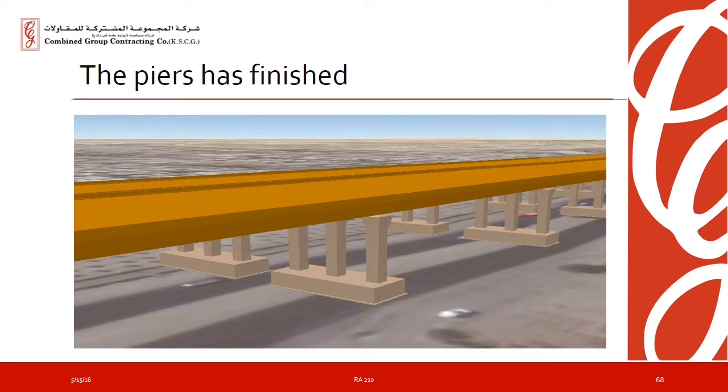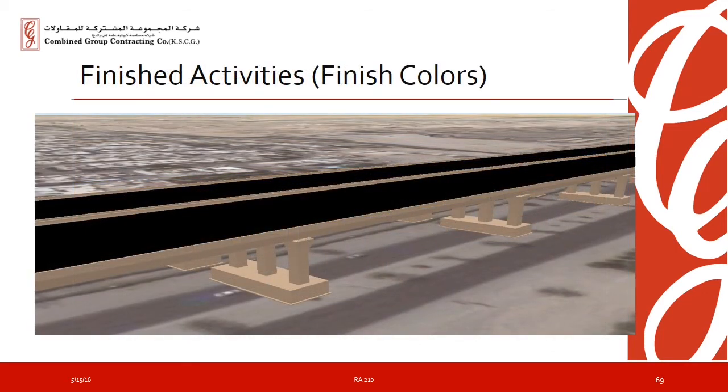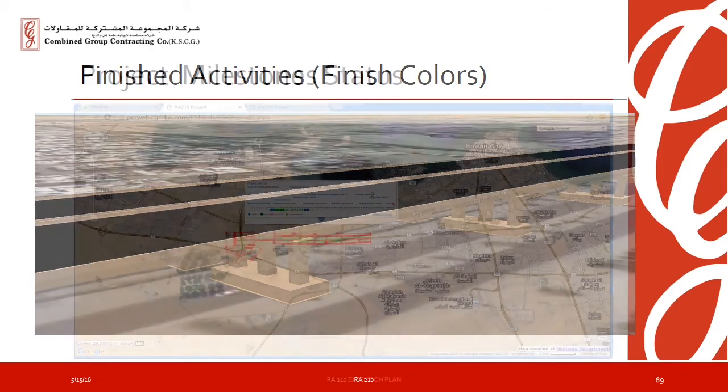And then once that element is finished or 90% complete, we switch it to a realistic finish color, beige in this particular one, and the construction activities move to the upper deck, which is now in orange. So physically we're able to tell the current construction hotspots or elements that are under construction. And then once the deck is colored, so it's finished, you get into the finishing activities, which is that.